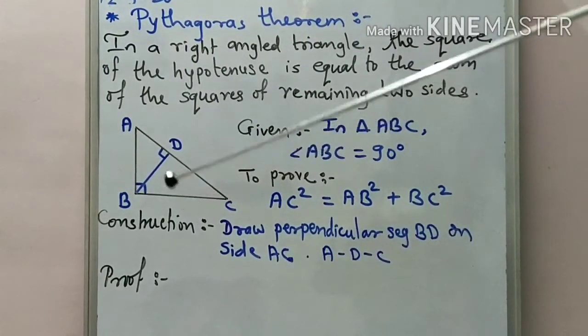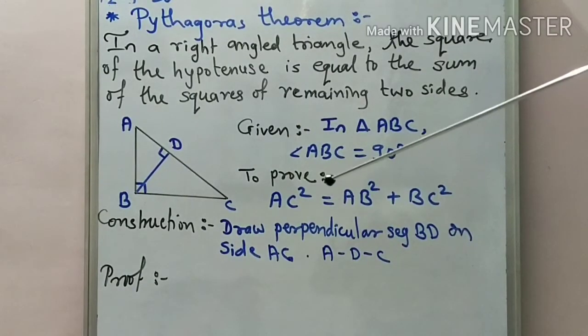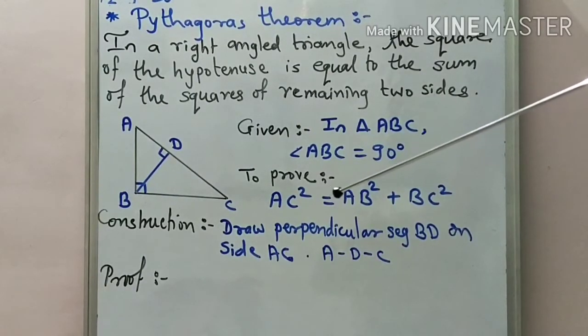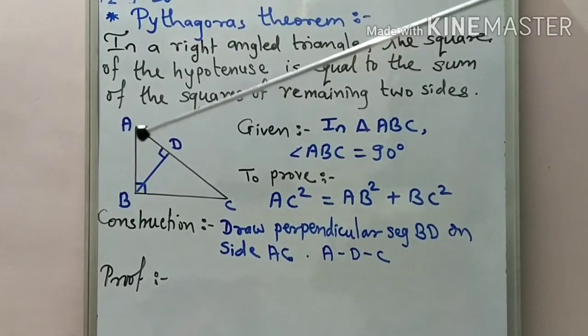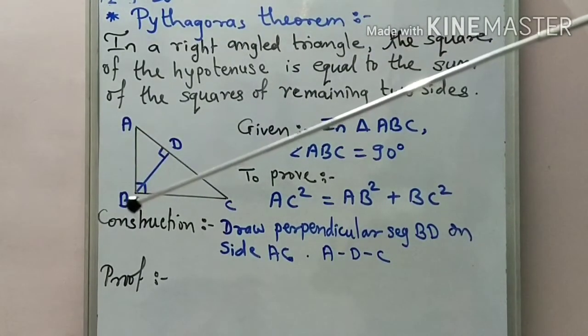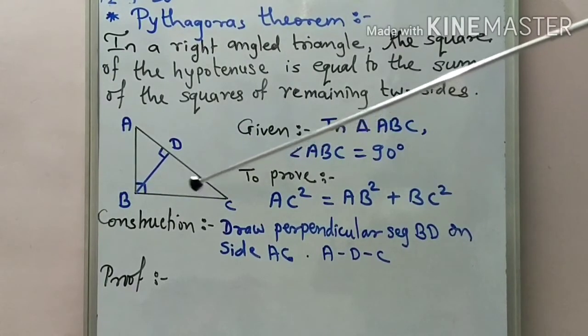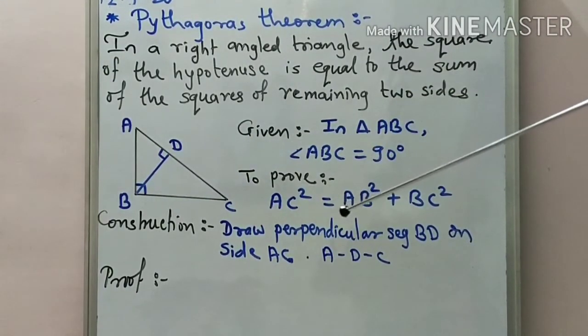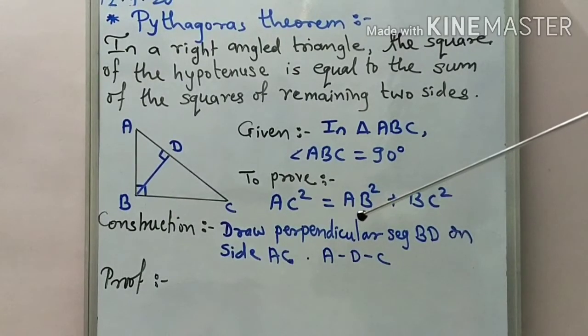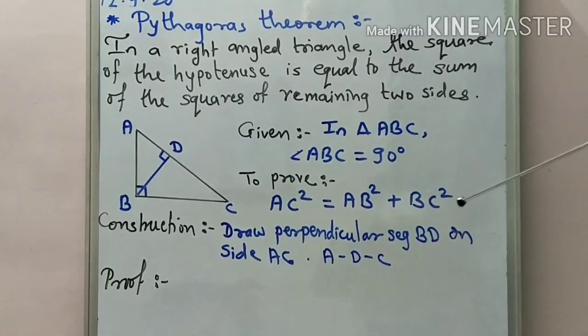Why we do this construction? Because we have to form two triangles here, the triangle ADB and triangle what? BDC. So using the similarity of right angle triangles, we can form this AB square separately and BC square also separately.